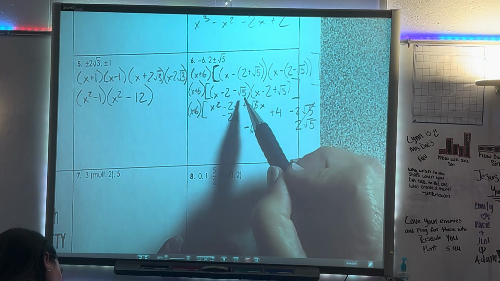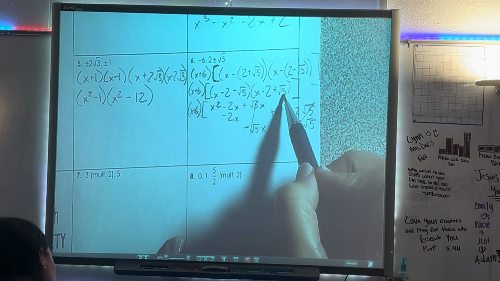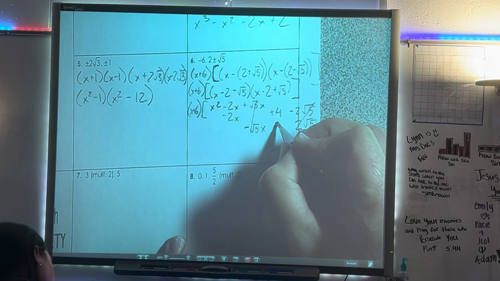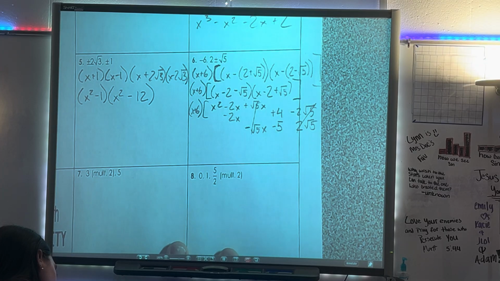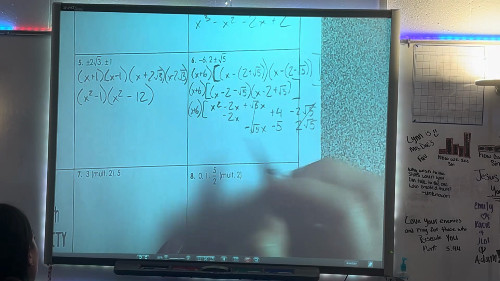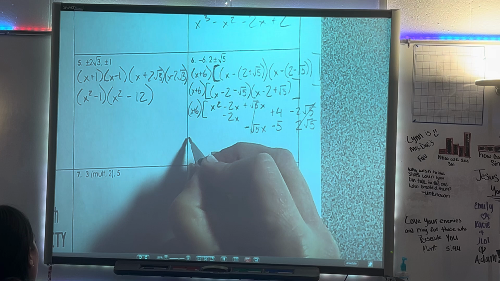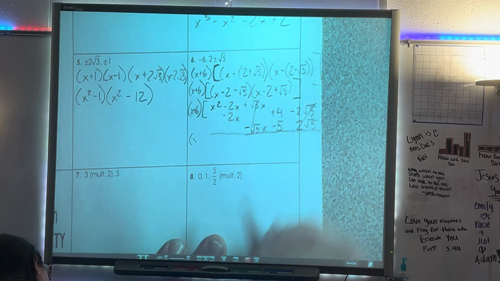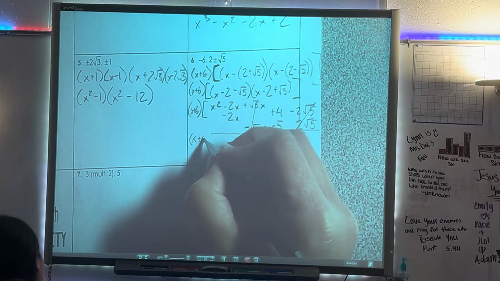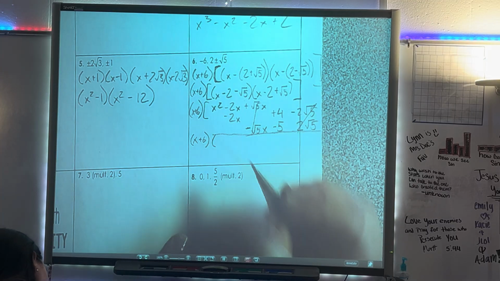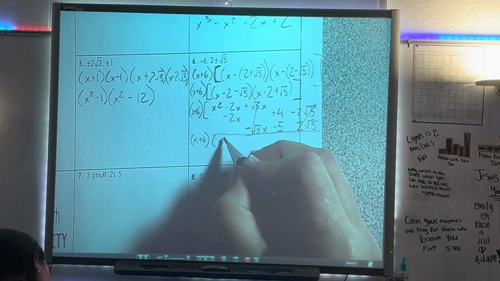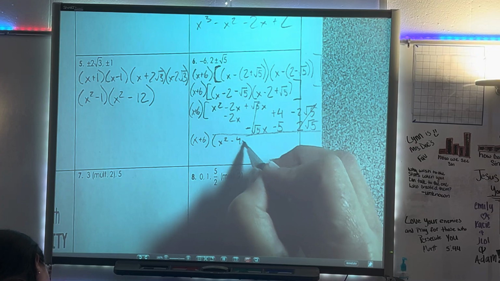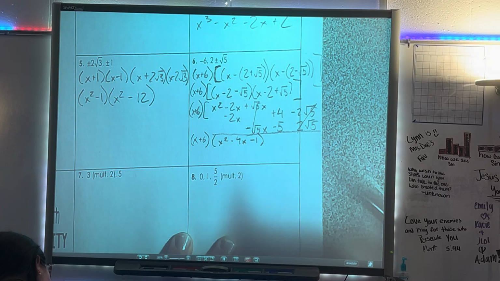And then negative square root of 5 times positive square root of 5 is just going to be negative 5 right there. So when all that stuff cancels out, I've got this. So I've got x plus 6 still out here, but then this becomes x squared minus 4x minus 1.